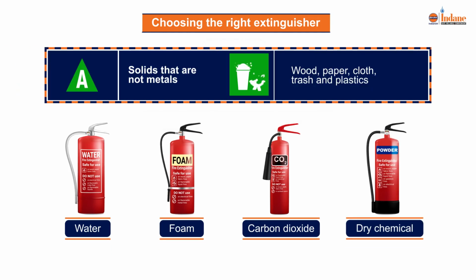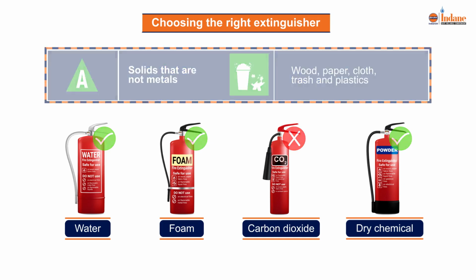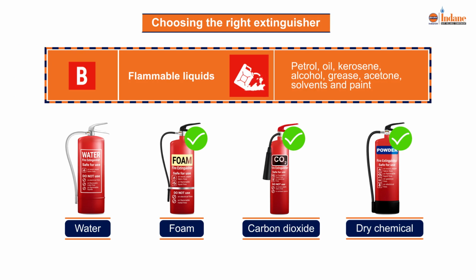For Class A type of fires, use water, foam, and dry chemical type of extinguisher and not carbon dioxide. For Class B type of fires, use foam, carbon dioxide, and dry chemical type of fire extinguisher and not water.